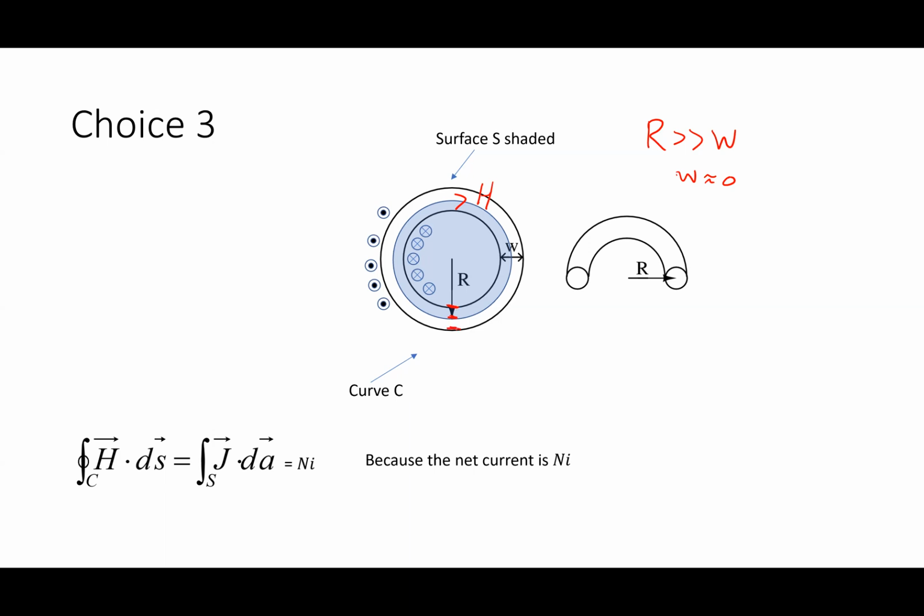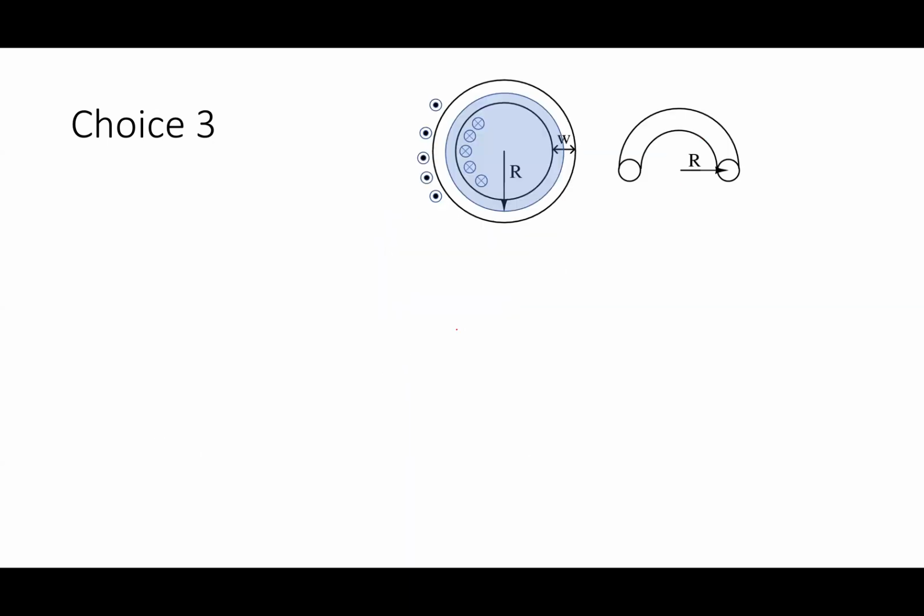All right. So what I'm going to do is I'm going to solve out this guy, and I'm going to say for this choice that H, and I can say it's H phi like that, dot ds equals Ni. Why did I write H phi? To make the fields guys happy, right? Which direction is it going in? The phi direction, right?